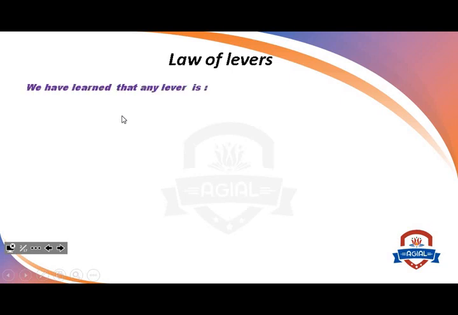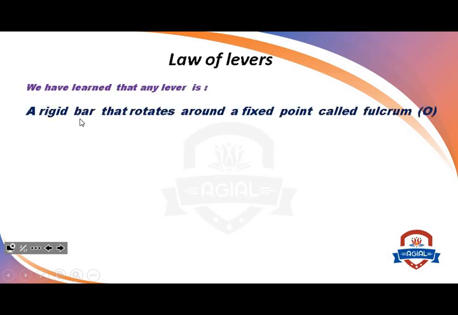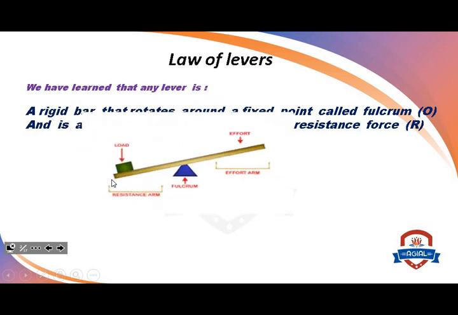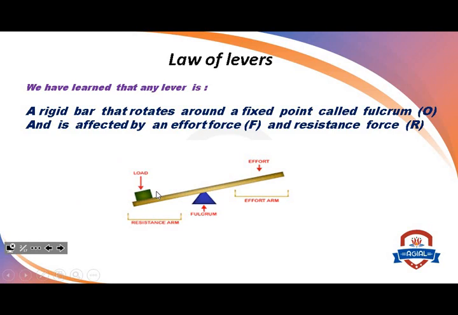We have learned that any lever is a rigid bar that rotates around a fixed point called a fulcrum and is affected by an effort force F and a resistance force R. Like in this picture, the lever consists of a fulcrum, effort force, and resistance force.